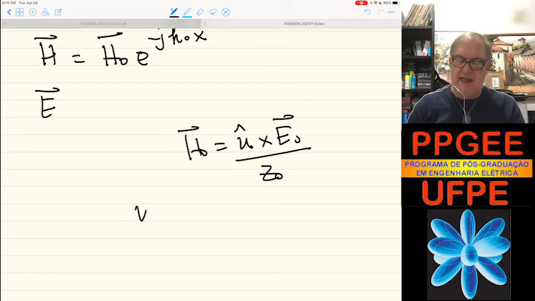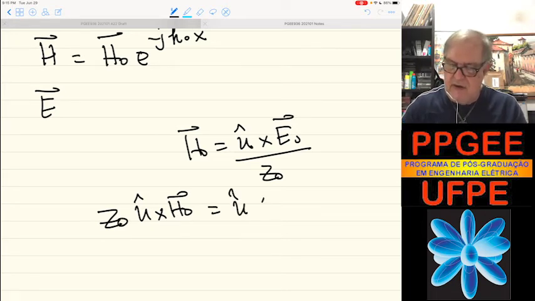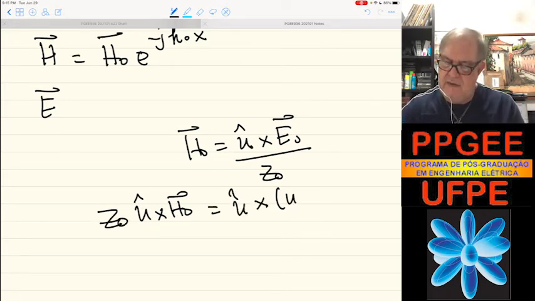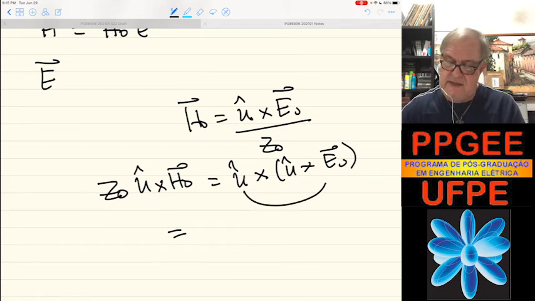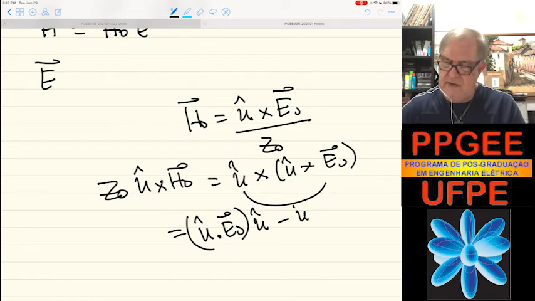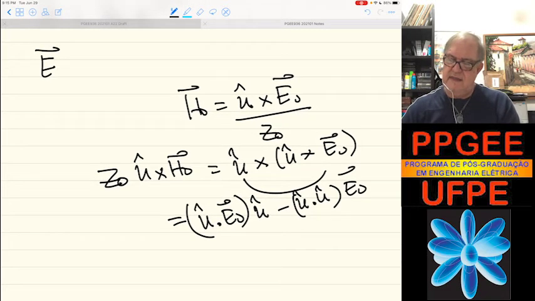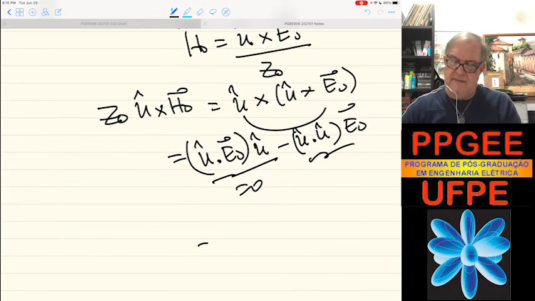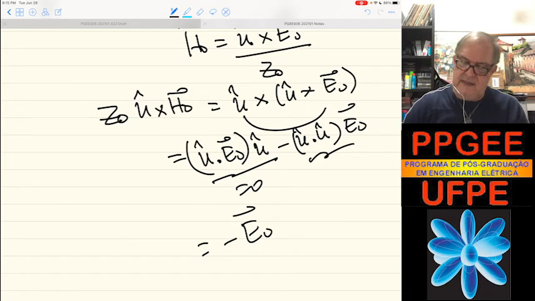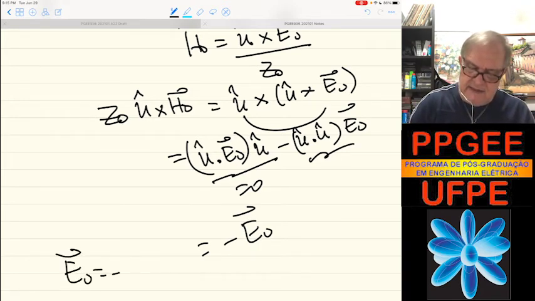If I make u cross H0 times Z0, it's going to be u cross u cross E0. Then I have a triple product, so it's going to be u (u dot E0) minus (u dot u) E0. Well, that's 1, and this is 0. So E0 is going to be minus Z0 u cross H0, right?